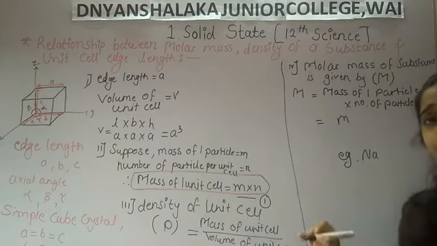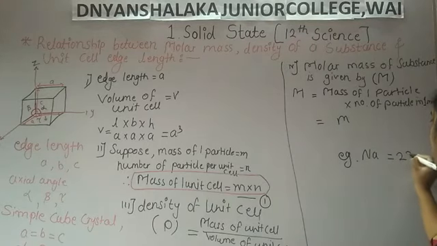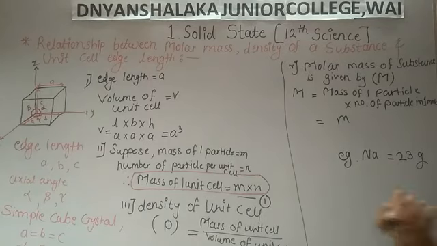Atomic mass of sodium we get 23 gram. But how many moles of ions are present in this molecule? So we know that Avogadro number. So 23 into Avogadro number means Na.